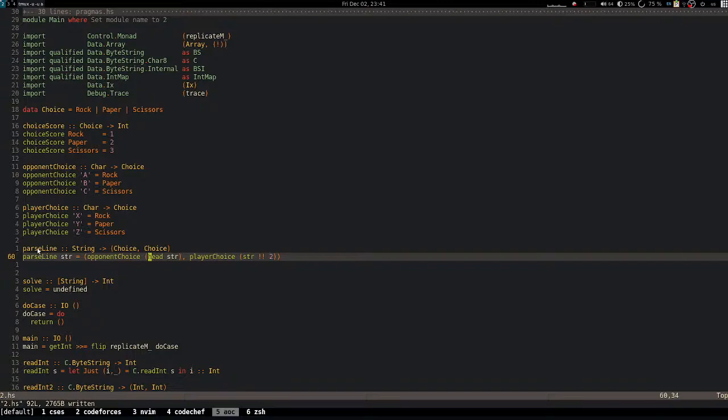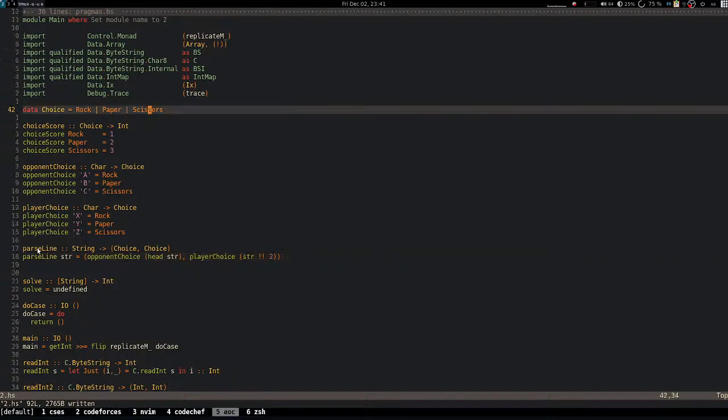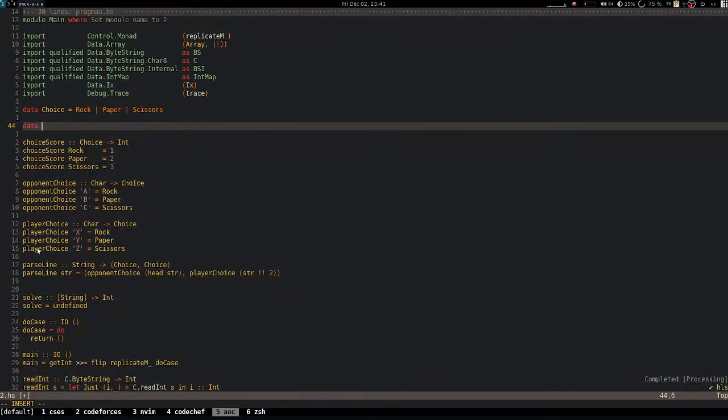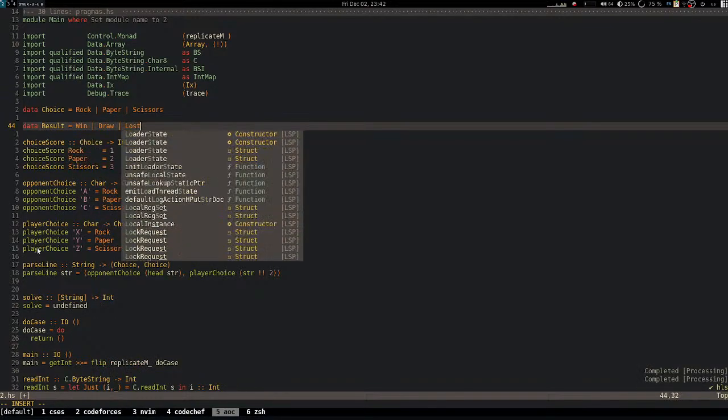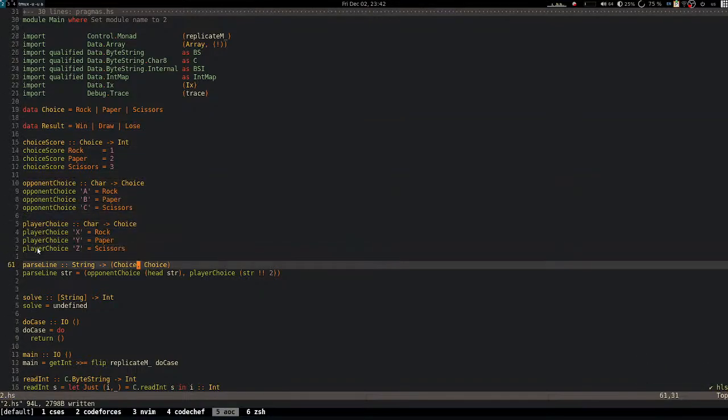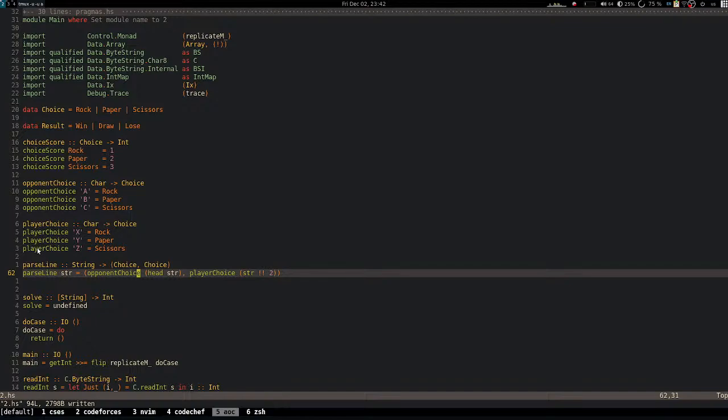Now for every line we have to get whether it is a win, draw, or a loss, right? So data result equals either win, draw, or loss.